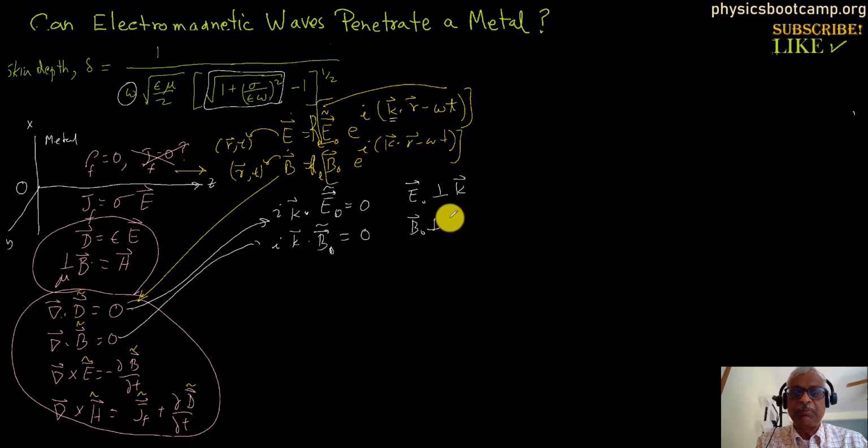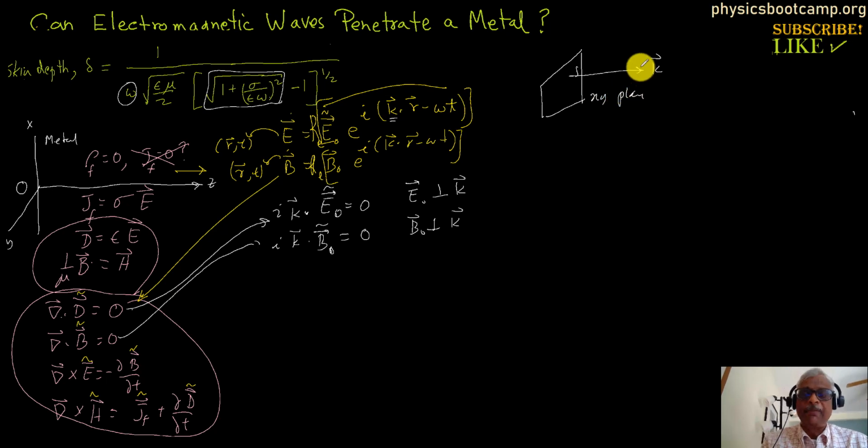B0 will be perpendicular to the k vector. So what this is saying is, if the k vector is in that direction, then E and B are perpendicular to it. Okay, so this is the xy plane. So E can be that way, B can be that way, kind of like this.